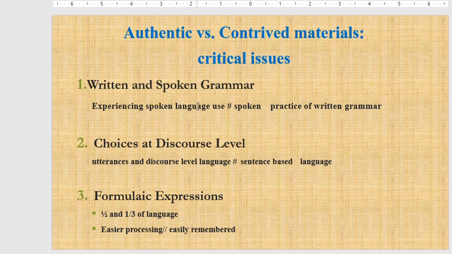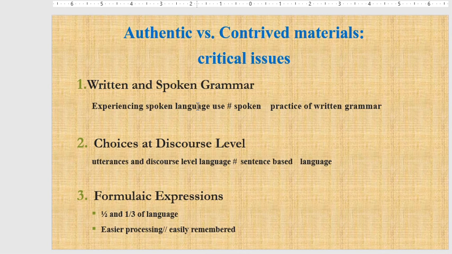What happens here? When you provide your students with those dialogues, the students can only read them. The students can only learn those grammars because they are a spoken practice of written grammar. Our role is to provide students with a spoken practice of spoken grammar, not written grammar.